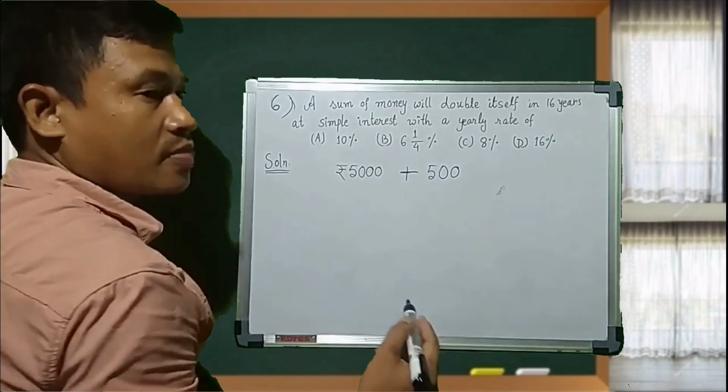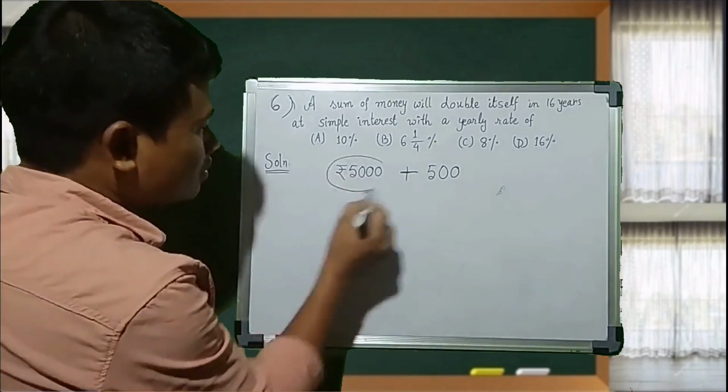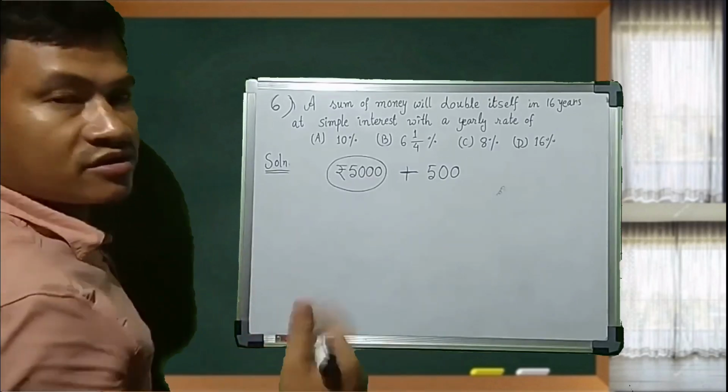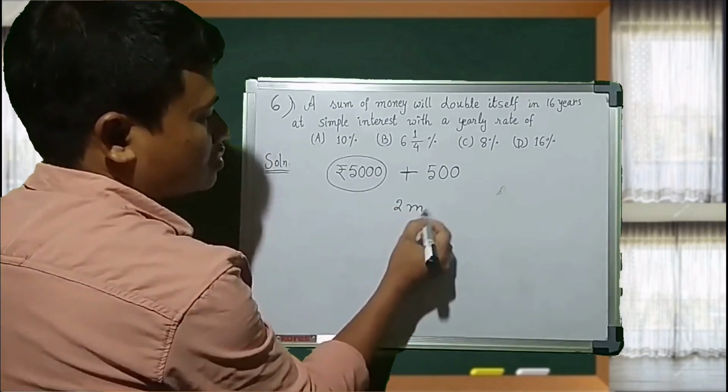And suppose I have borrowed this amount for 2 months or 3 months. That's 2 months. Okay, 2 months.